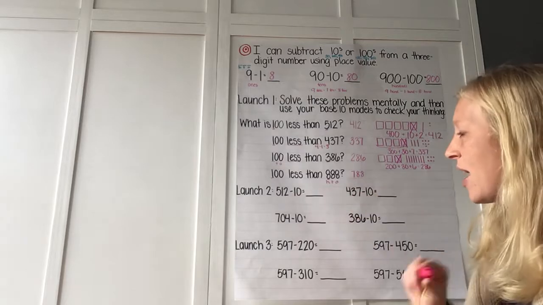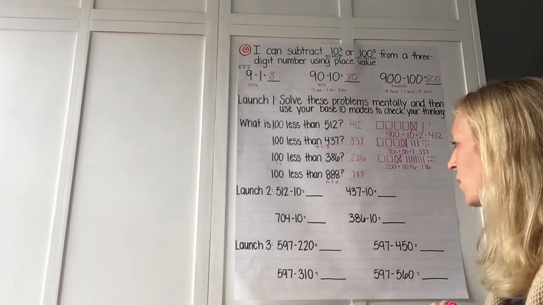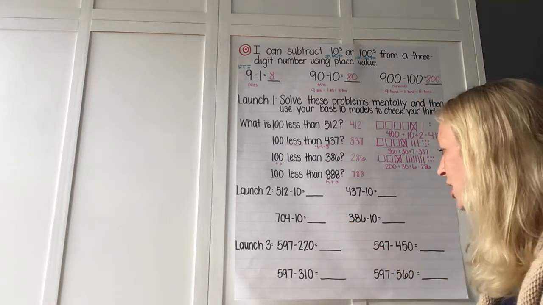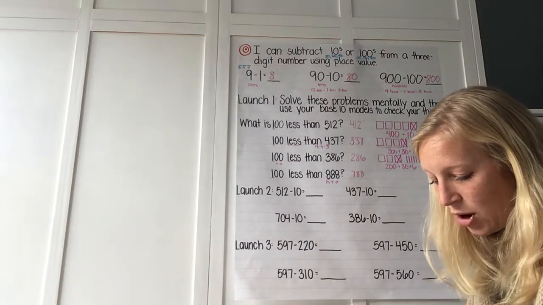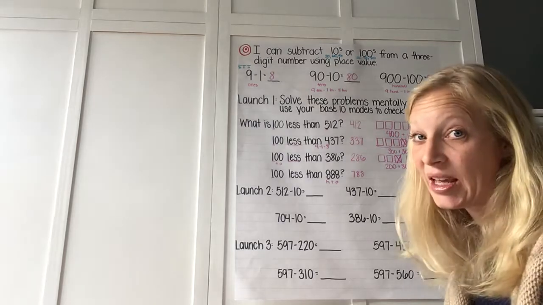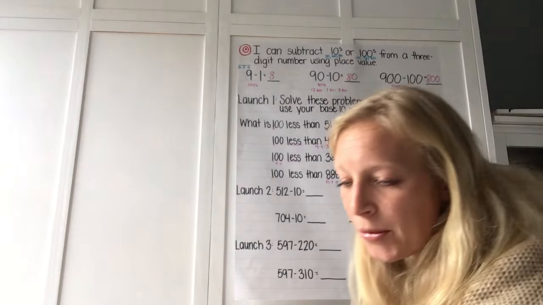So we have 512 take away 10, 437 take away 10, 704 take away 10, and 386 take away 10. I'm going to go ahead and give you a few moments to solve these and show your thinking, or check your thinking, I should say. And then we'll come together and show what we know.